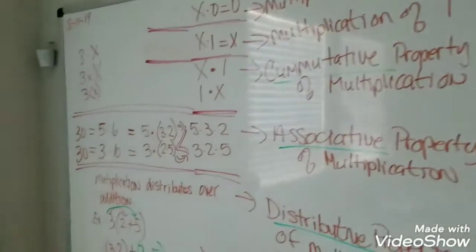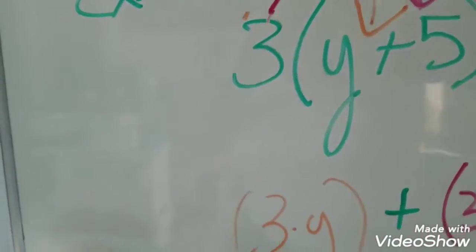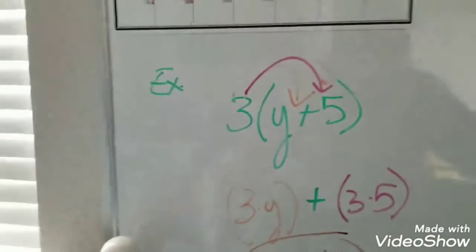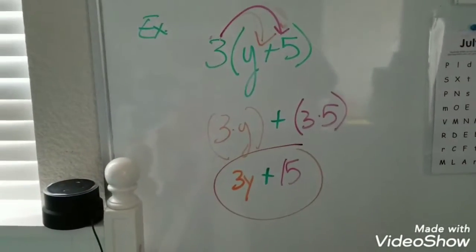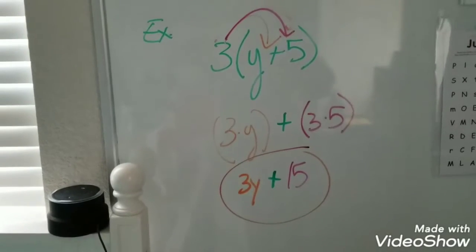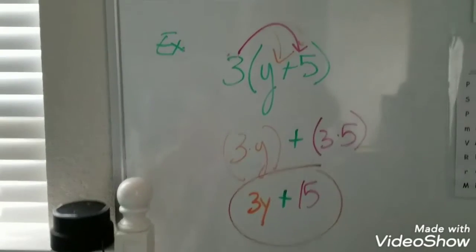Now we're going to utilize the same concept of the distributive property and use it on an algebraic problem using variables. So we talked about this and you got the correct answer.